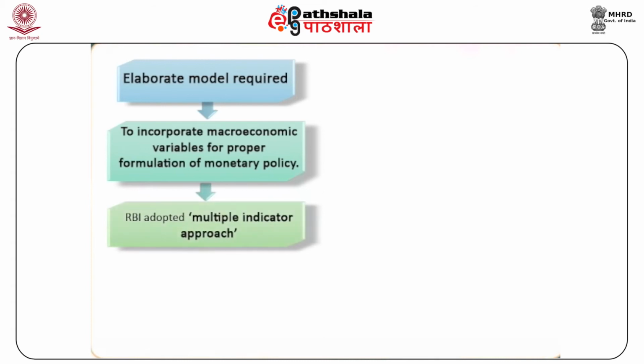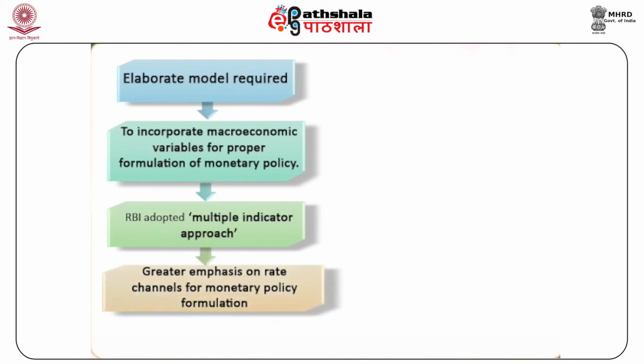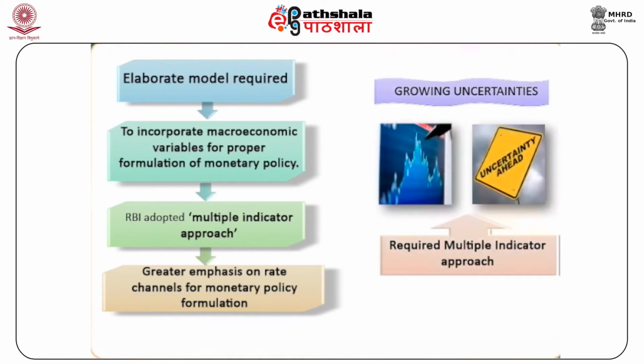The RBI formally adopted a multiple indicator approach in April 1998 to formulate the monetary policy in a period of heavy capital flows. This placed greater emphasis on rate channels for monetary policy formulation. The growth uncertainties in the functioning of the economy required this approach as it monitors a number of macroeconomic indicators.